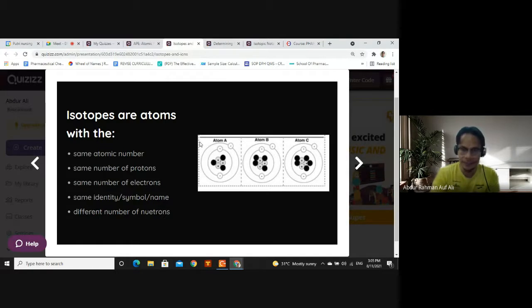In this diagram it shows atom A, atom B and atom C. So atom A has the same number of electrons, protons and neutrons: 3 protons, 3 neutrons. The positive ones are protons. The black ones are neutrons, which have no charge, neutral. The ones outside, the negative ones, the dashes, are electrons.